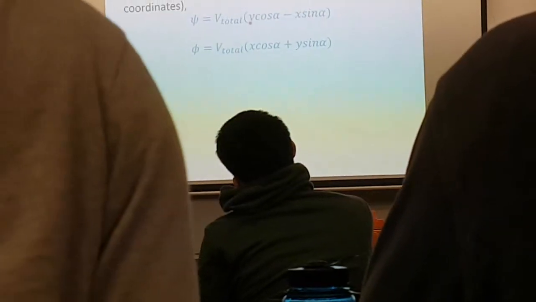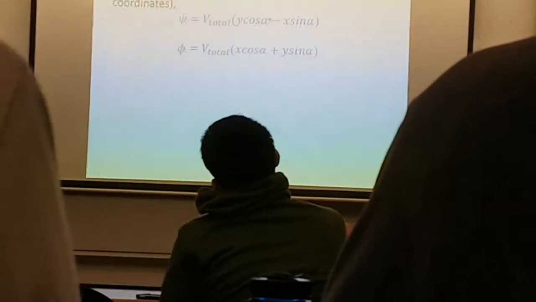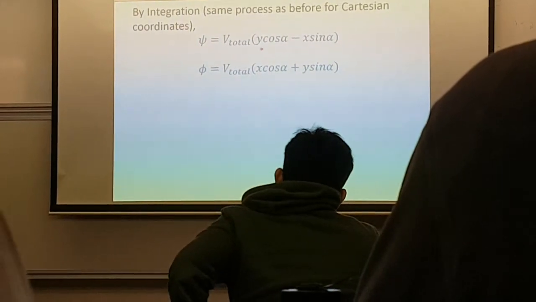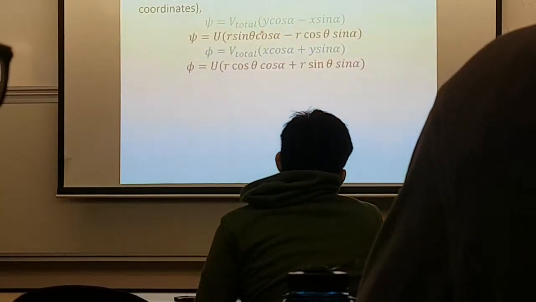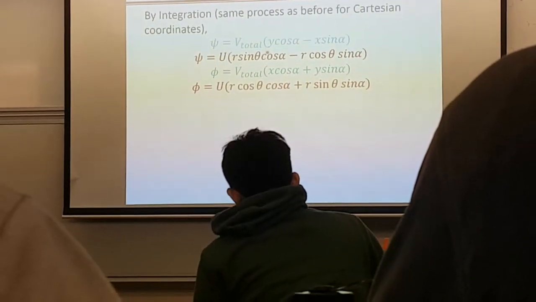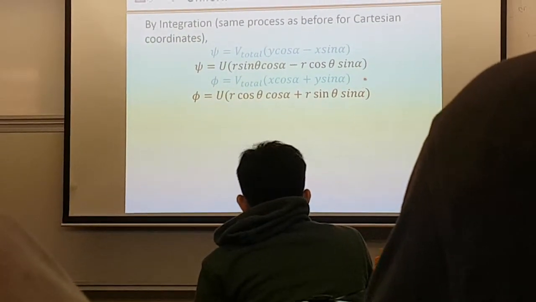But in the sense that this y and x is still my Cartesian form. So what I can do is to change my y and my x to r sin theta and r cos theta. So I have this second one here. There's no difference in this equation.